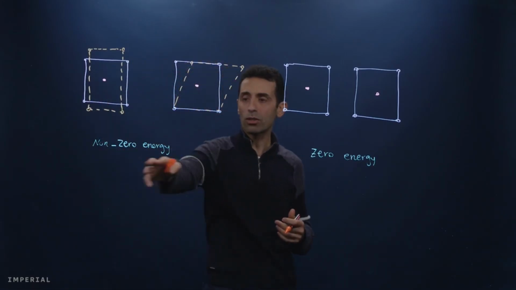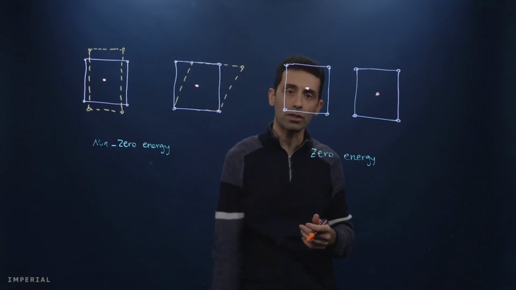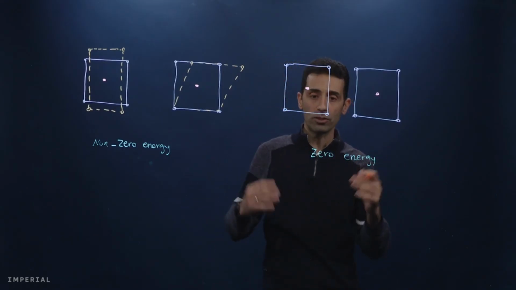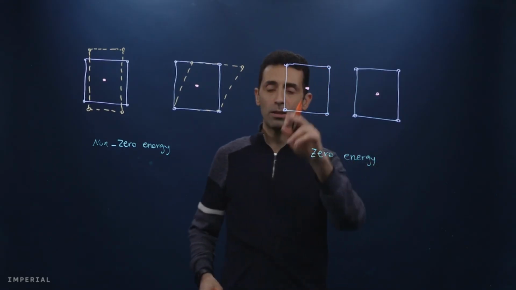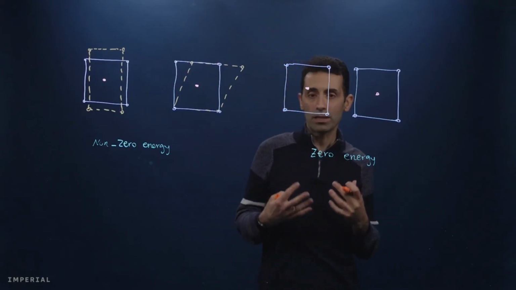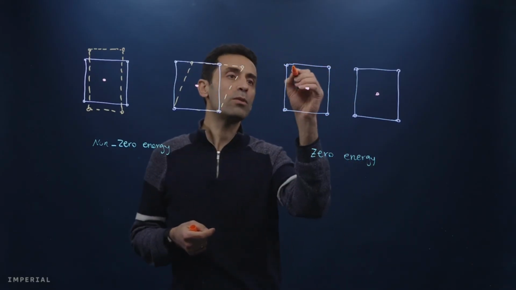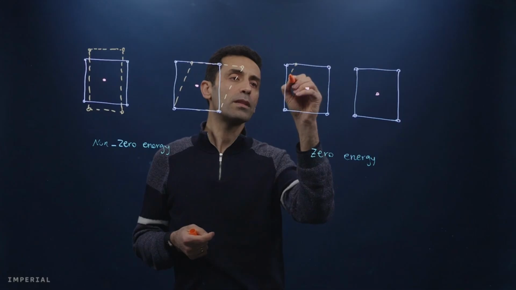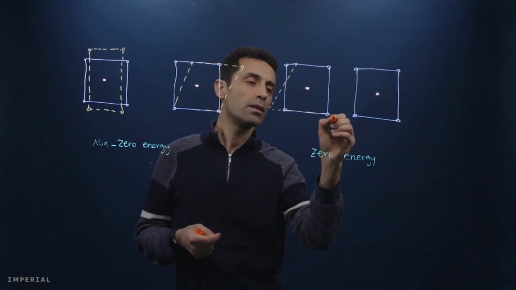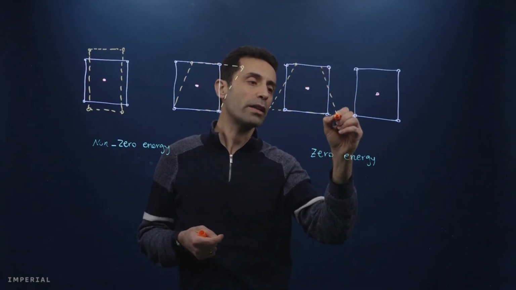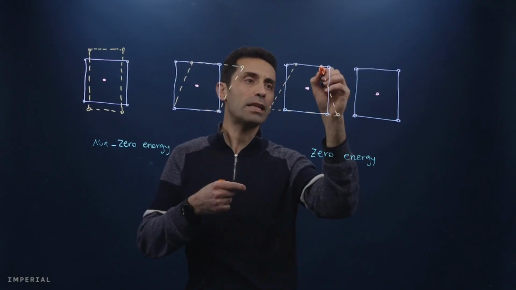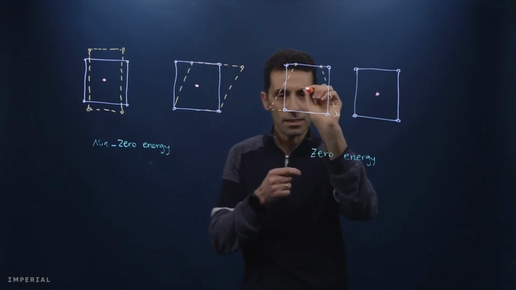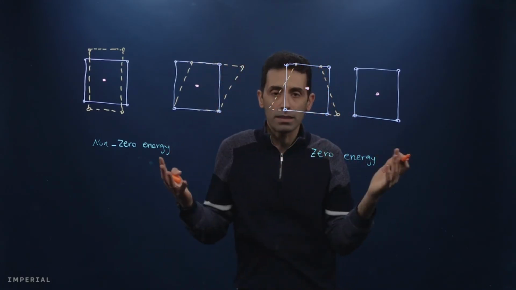So this is the so-called non-zero energy deformation. But there are other deformations that this single integration point does not have any resistance to. So they would look like this. If we have a deformation like this, so you see this edge is extending and that edge is contracting, that central point does not feel that deformation.